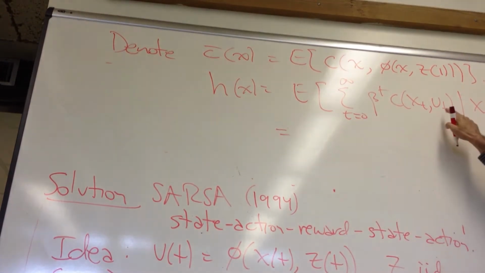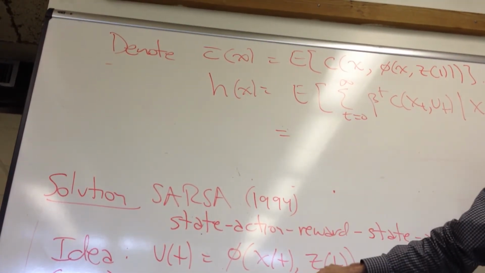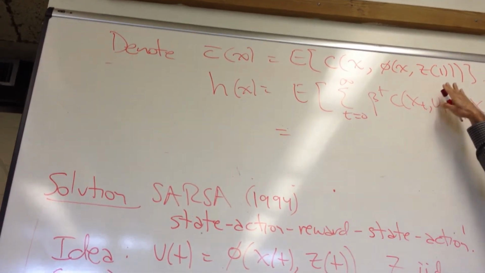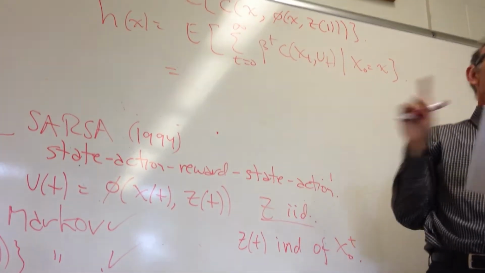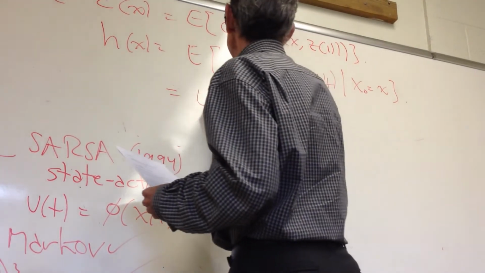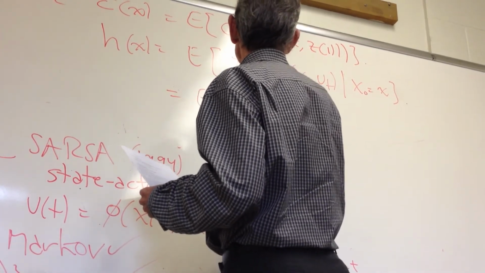Remember before I said, well, u of t is just fixed by a policy like this, so let's suppress the dependency on u. I'm not going to suppress it anymore all the time. I will for a moment.